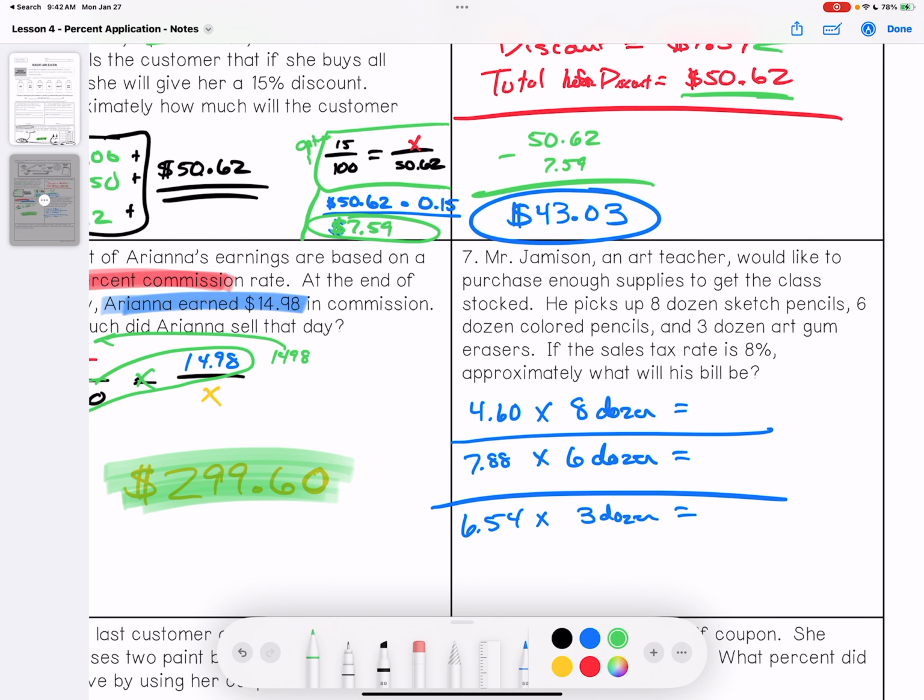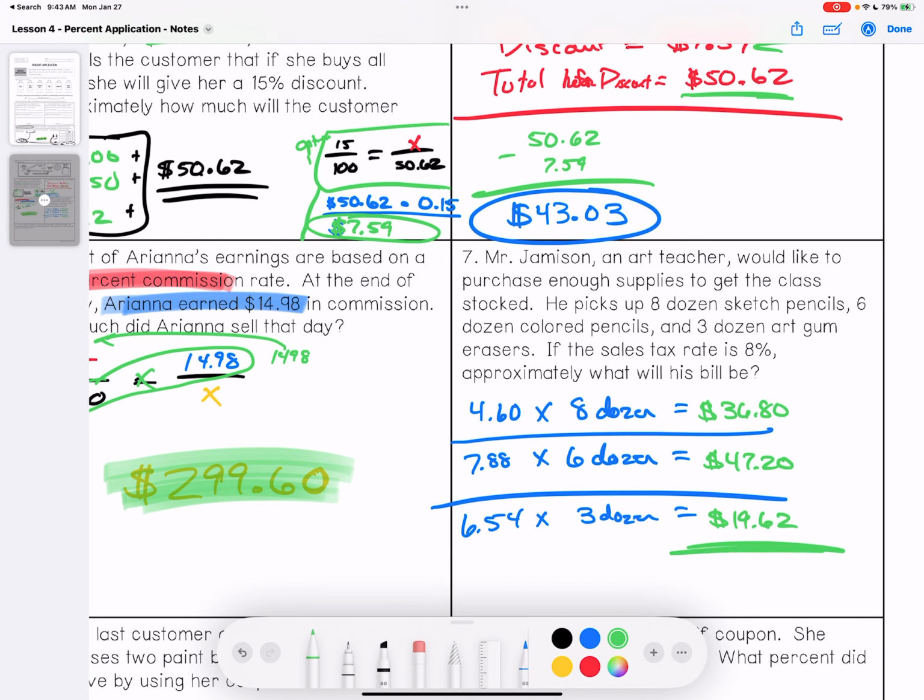All right, so now let's just work that out. 4.60 times 8 is $36.80. 7.88 times 6 is $47.28. And 6.54 times 3 is $19.62.